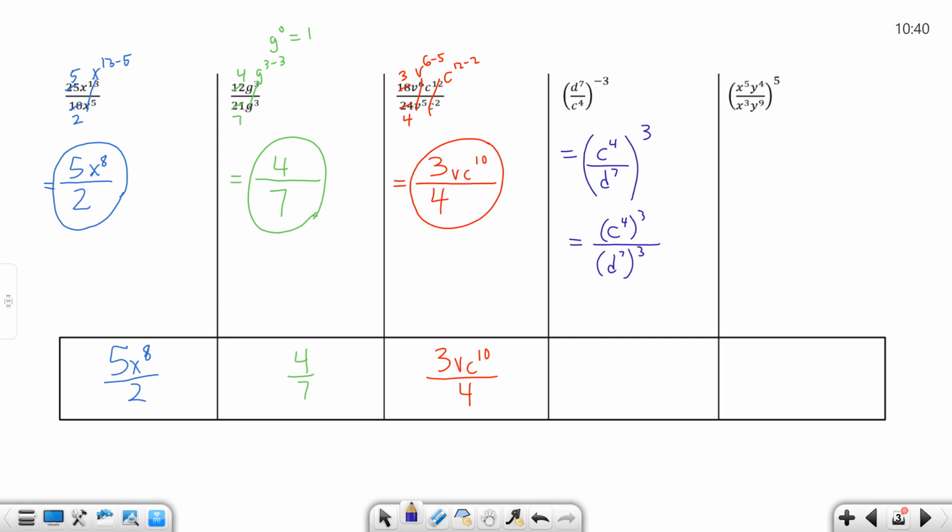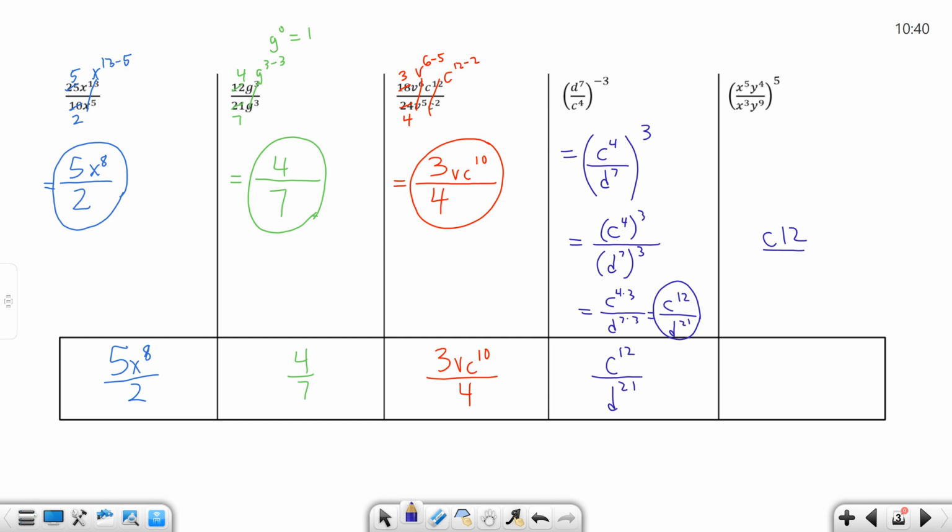And now we recall, how do I do one base with 2 powers? That's right, I multiply. This is going to be c to the 4 times 3, and d, same thing, 7 times 3. So that's c to the 12 over d to the what? 21 indeed. So c to the 12th power, and we want to make sure these things are raised.